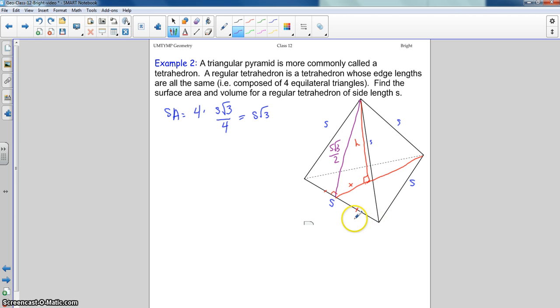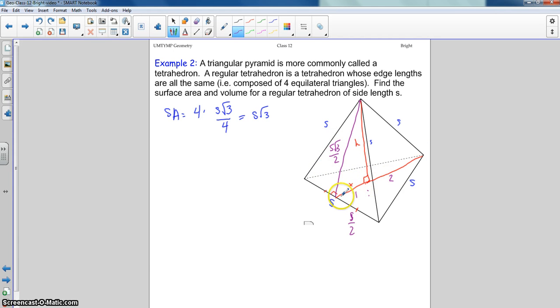Okay, again, because this over here would be s over 2. Alright, and then remembering the fact that the medians are split by the centroid in a 1:2 ratio, and this would also be that height of s square root 3 over 2, the entire length here.